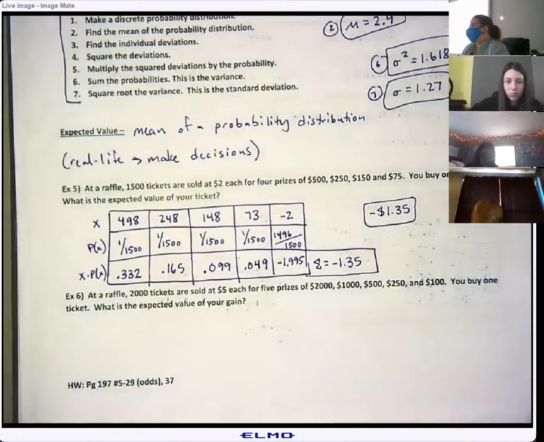And that means it's a good raffle. It means on average, somebody's going to lose the raffle, which is what you want if you're running the raffle. Otherwise, why are you having a raffle? If you just want to give away money, then just give away money. Don't make people lose money. But in general, you're going to make money on this. So if it's negative, you're good, and if it's positive, you're bad.